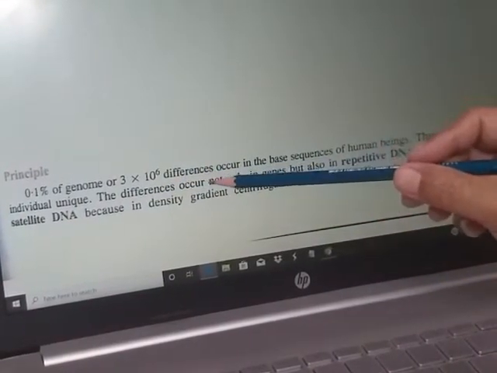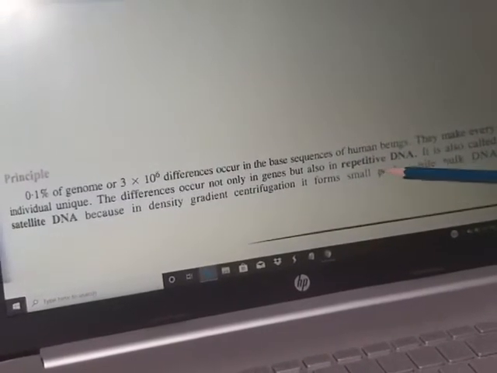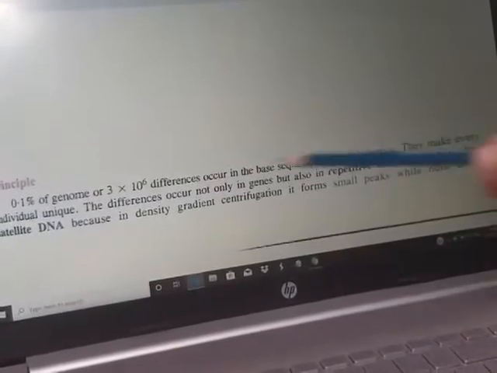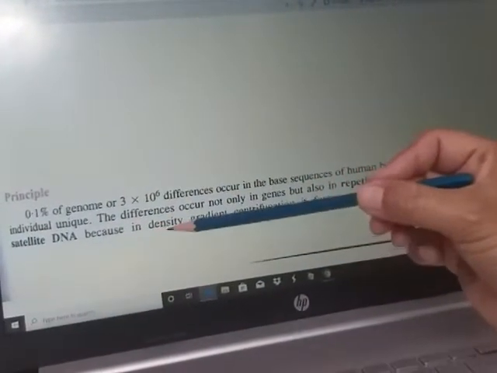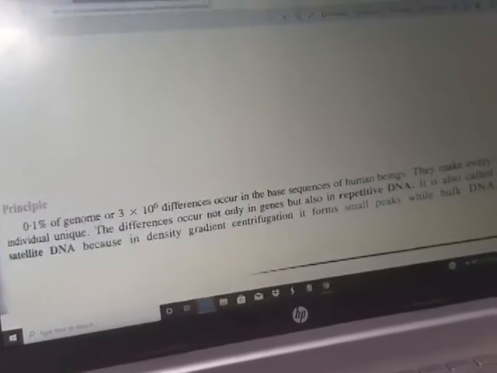These differences are not only because of genes but also because of the repetitive DNA. Now comes the topic of repetitive DNA, which is also called satellite DNA. Now I will explain further what this satellite DNA and repetitive DNA are.